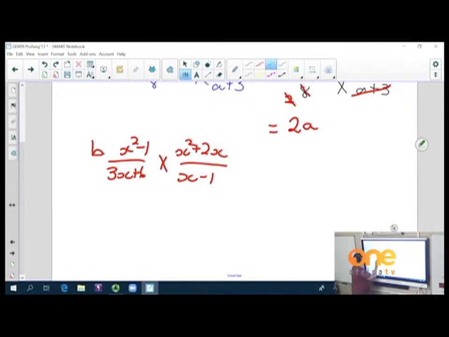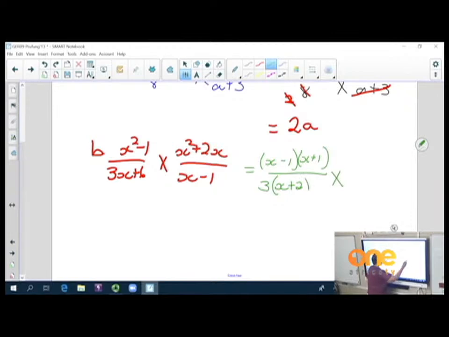This is the difference between squares, which means it is x minus 1, x plus 1. This is the highest common factor, so I can take out 3, and then there remains x plus 2. Now we multiply here. This is again the highest common factor, x plus 2 over x minus 1.